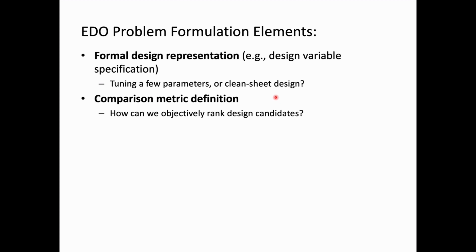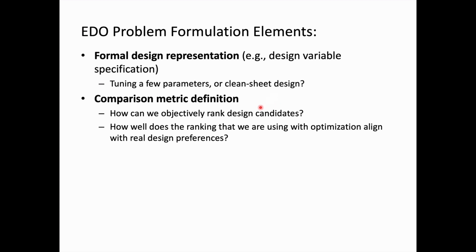We need an objective way of ranking design candidates. And to do that, we need to use what I call here comparison metrics. And then once we define these comparison metrics, and these in design optimization with nonlinear programming correspond to objective functions and constraint functions, we need to address this question.